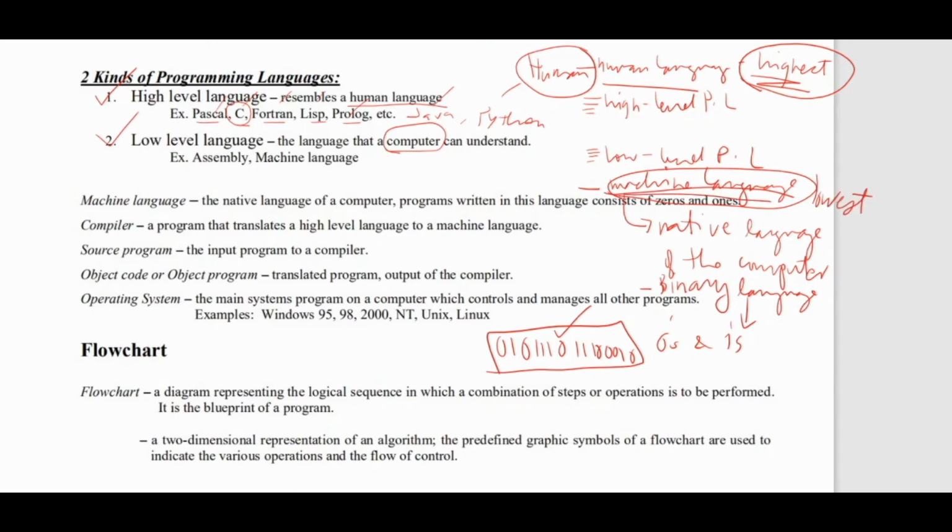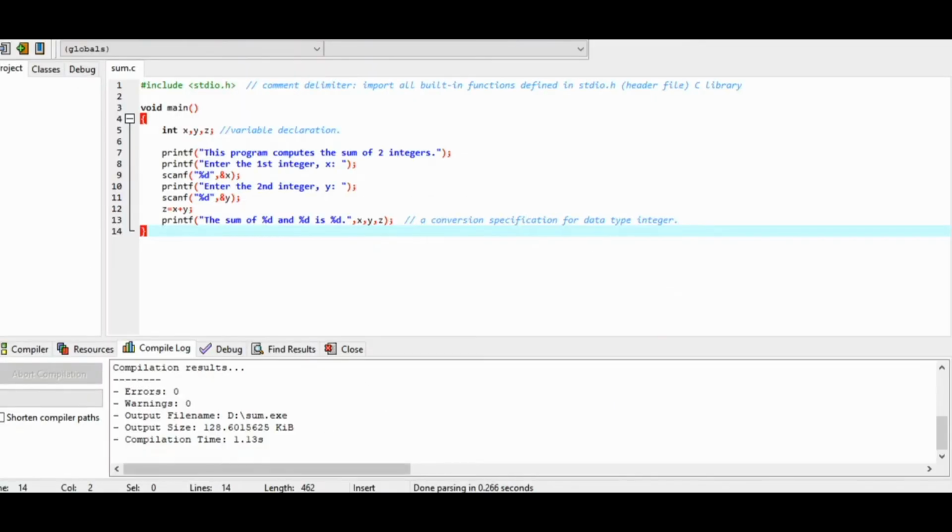The machine language again, or the binary language, which is the native language or the dialect of the machine, we consider that as the lowest language. So somewhere here, up above, near the human language, are those high-level programming languages, okay? Because they resemble a human language. Like C programming, for example, okay? Recall the program we have. Take note that there are English words, right?